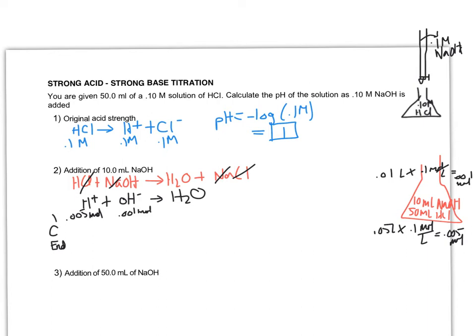So out of these two, my limiting reactant would be the hydroxide, and so that's going to be used up. So minus 0.001 moles, and this is also minus 0.001 moles. And so at the end of my reaction between the two, I end up with 0.004 moles of my acid, and I don't have any hydroxide left. And so right now I have 0.004 moles of the H plus.